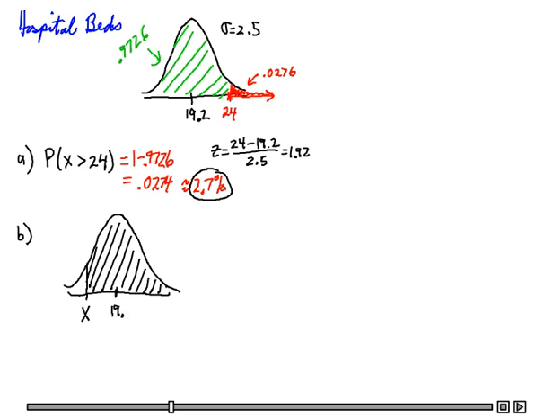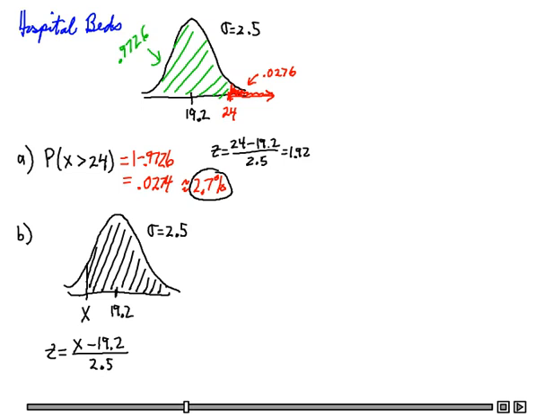Again, the average is 19.2. Standard deviation is 2.5. Now I have a z-score formula that relates everything here, but I don't have the x and I don't have its z-value yet. But I know that I'm going to be subtracting the average from x and dividing by the standard deviation. What I need is the z-value for x.